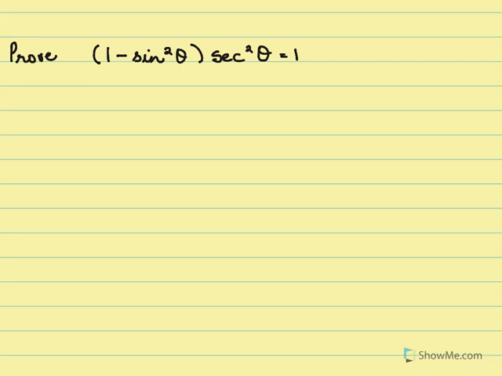Prove (1 minus sine square theta) into sec square theta equal to 1. First let us see what is 1 minus sine square theta. You knew sine square theta plus cos square theta was equal to 1. This is an identity. And cos square theta will be equal to, take the sine square on the other side, 1 minus sine square theta.